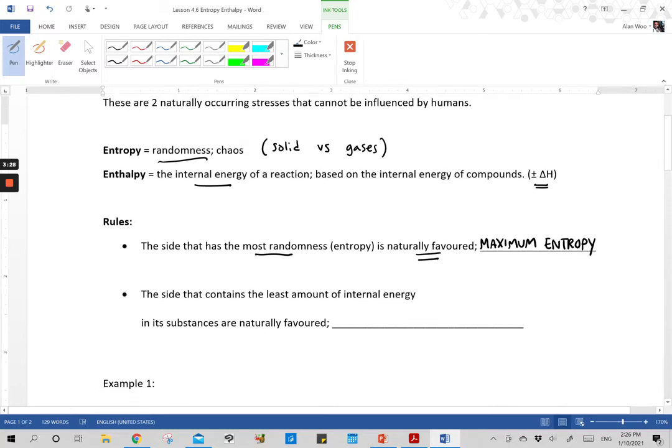Now, the side that contains the least amount of internal energy stored in the substances is the side that's going to be more naturally favored. This one is a little bit trickier. But we call the side that has the least amount of internal energy the side that is minimum enthalpy.